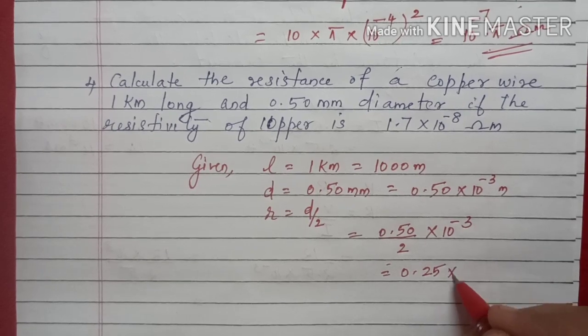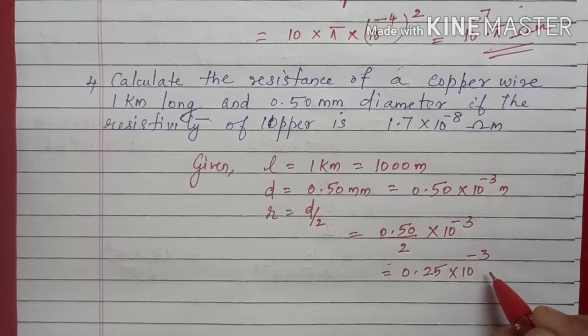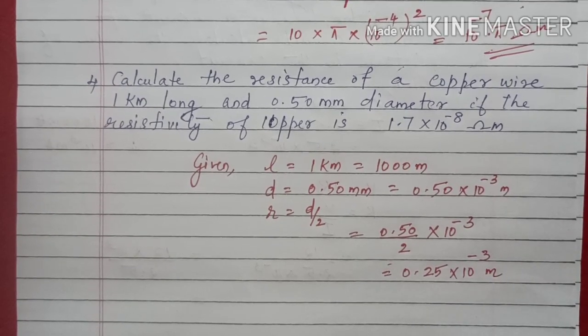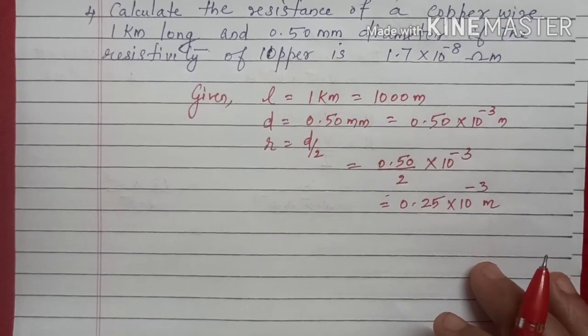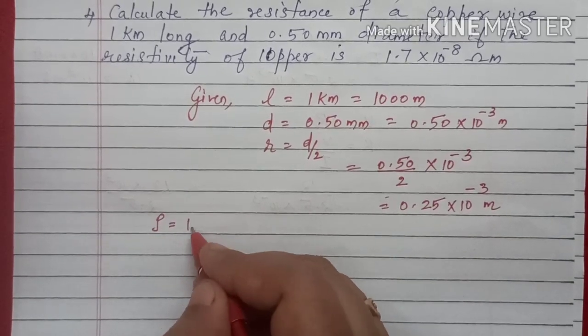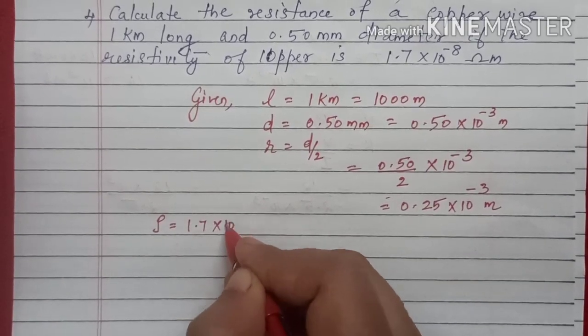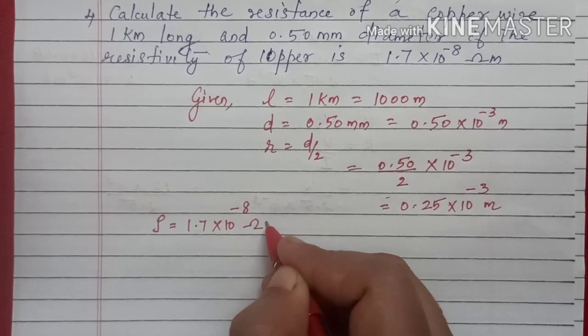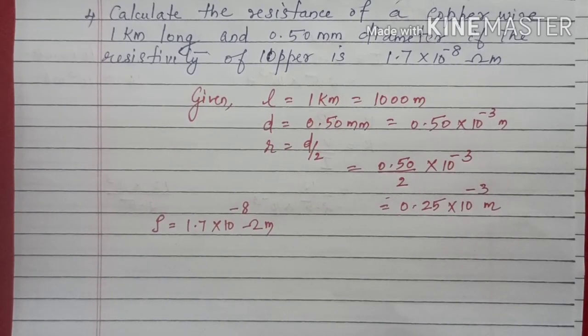Clear? Into 10 power minus 3 meters. This much is clear? Okay. Now we have the resistivity given here. Resistivity rho equal to 1.7 into 10 raised to minus 8 ohm meters.